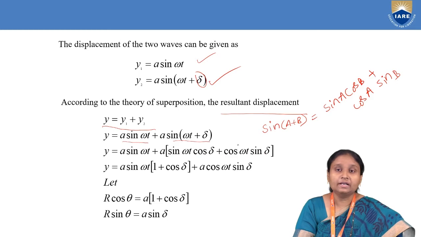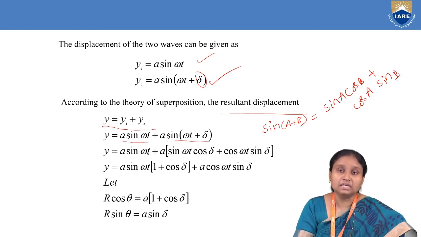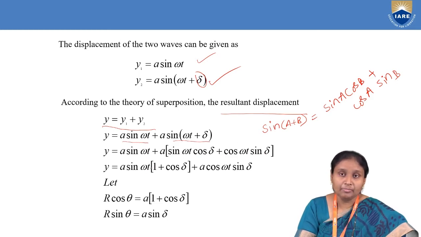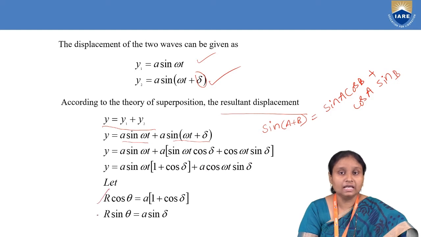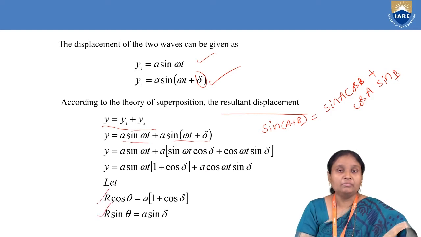Then after that, I take out the common term A sin omega t. Then I end up having A sin omega t into (1 plus cos delta) plus A cos omega t sin delta. Now here I am introducing two factors, which I am calling r cos theta and r sin theta. How am I defining them?